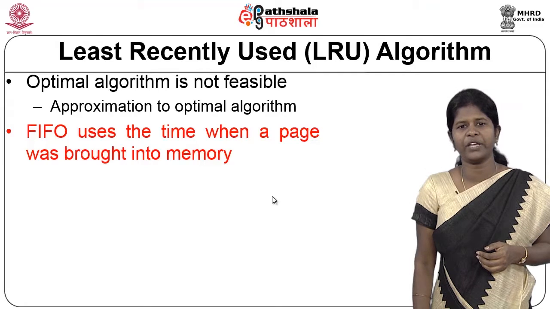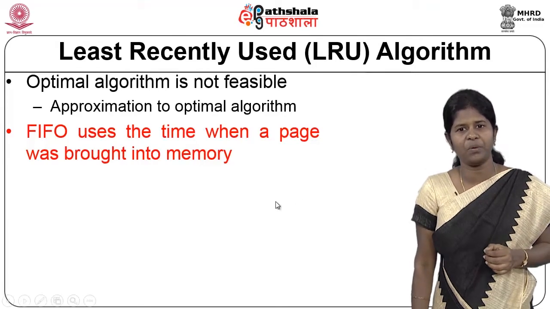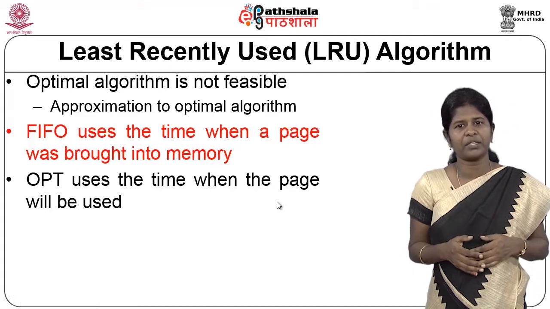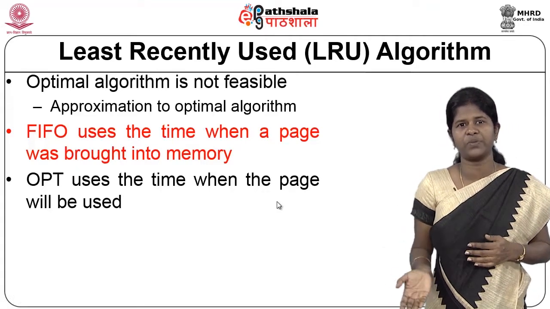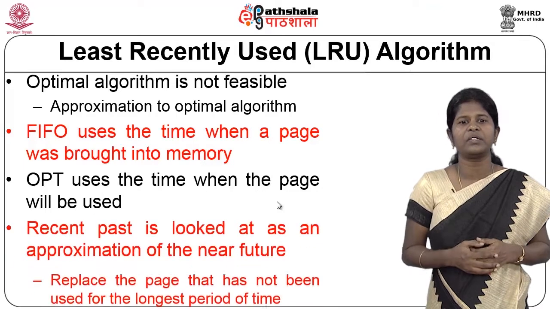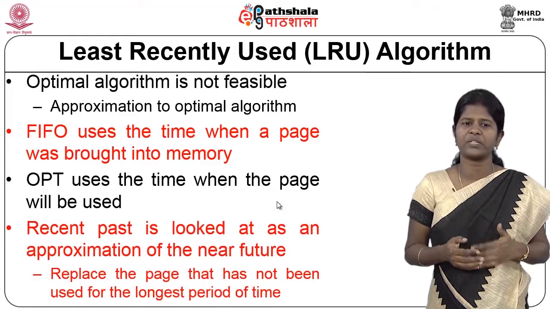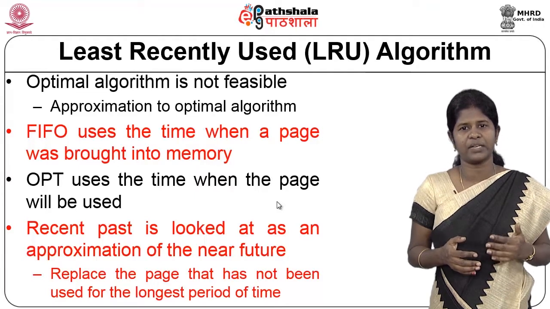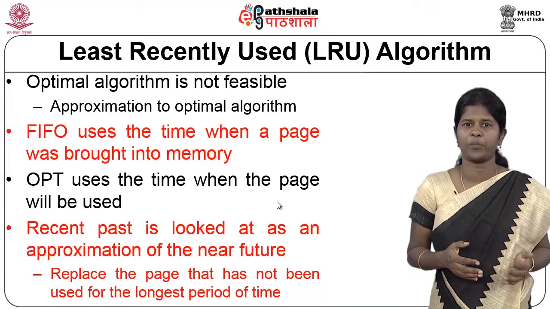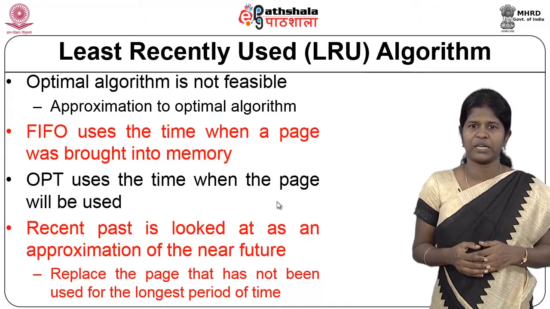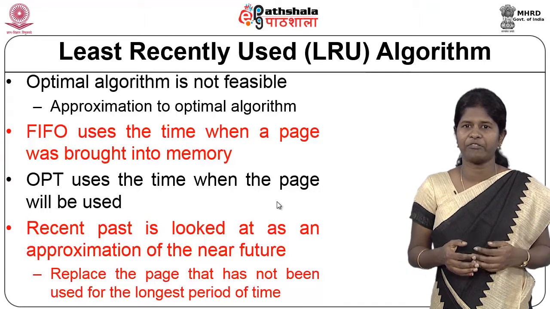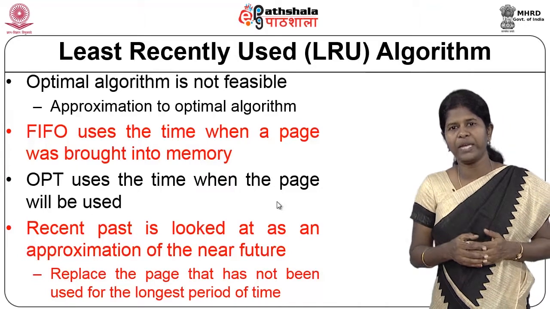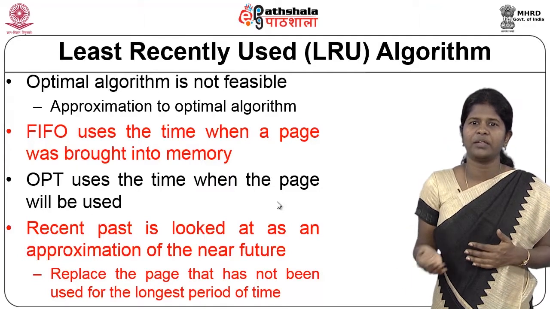So, in the case of FIFO, it uses the time when a page was brought into memory. The optimal algorithm uses the time when the page will be used in future. This LRU algorithm looks at the recent past as an approximation of the near future. That is, the pages have been referred to in this pattern in the recent past, so maybe it is the way it will be referred to in the near future.